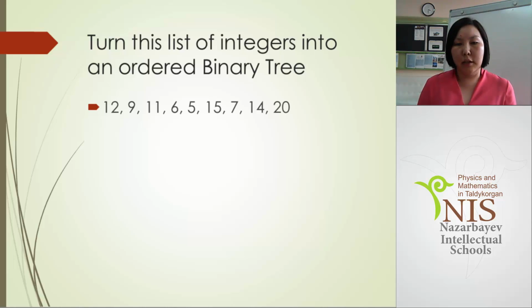Now, let's try to turn this list of integers into an ordered binary tree. Here are given some integers like 12, 9, 11, 6, 5, 15, 7, 14, and 20. Here you have to remember that in an ordered binary tree, the first integer in the list will go as a root and will stay in the middle.